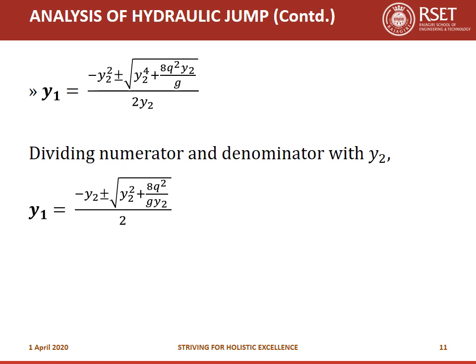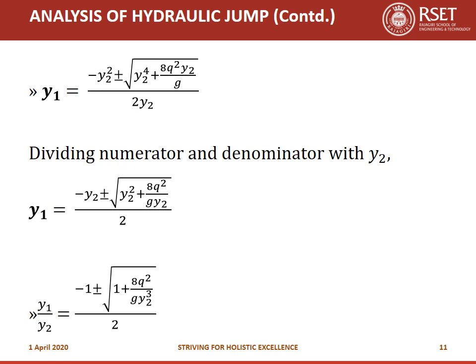You can do this on your own. Instead of hearing me explain the division, it would be better if you work it out yourself, because then you will get the logic. I took y2 to the other side and got y1 by y2 is equal to minus 1 plus or minus square root of 1 plus 8Q squared by g y2 cube, divided by 2.